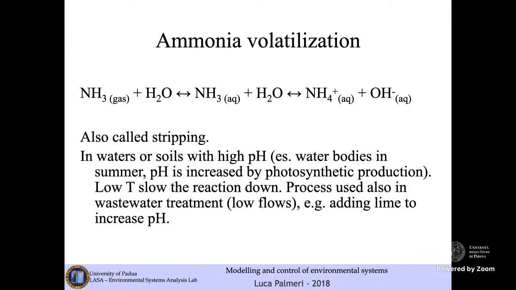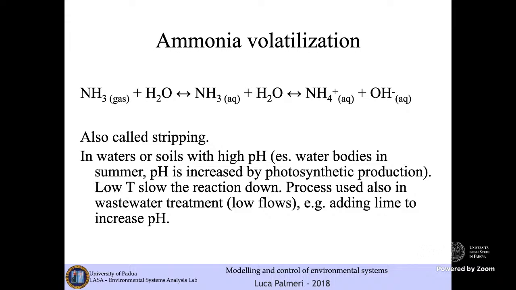We have already seen some examples of volatilization, in particular when we were discussing the interaction between the atmosphere and the hydrosphere. We said that these processes are modeled by employing Henry constant models or Henry models.